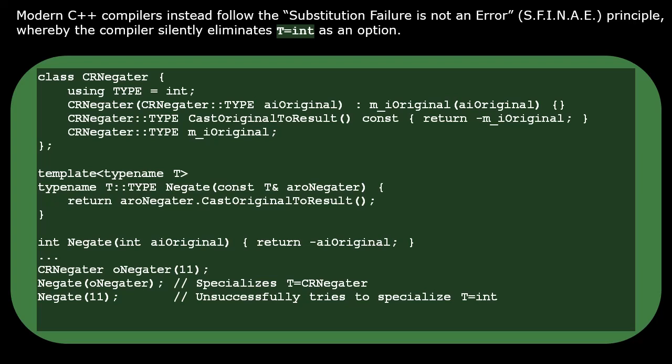When these modern compilers encounter the int::type issue, they don't suddenly give up on compilation. Instead, they silently eliminate int as a specialization option for T, and then carry on. In this case, there would be no other specializations possible for the template, but function overloading can simply match 11 with int and use the second implementation.